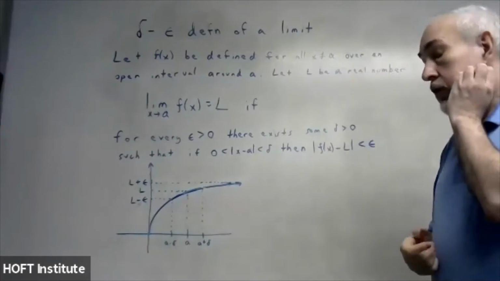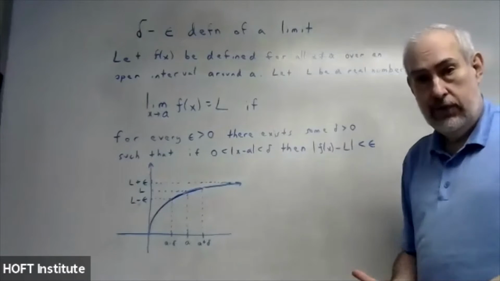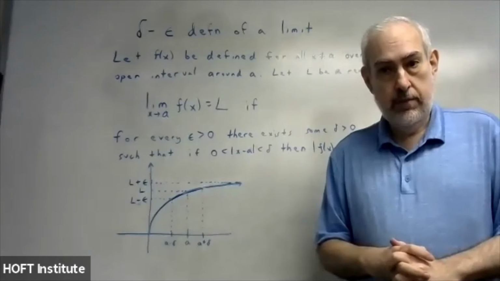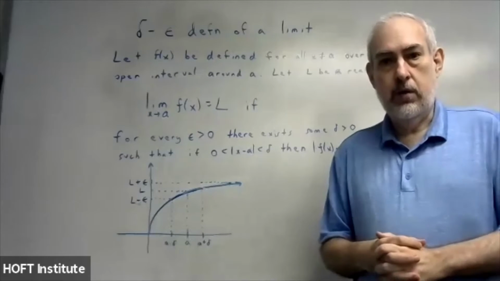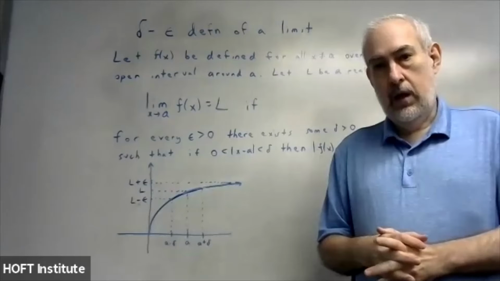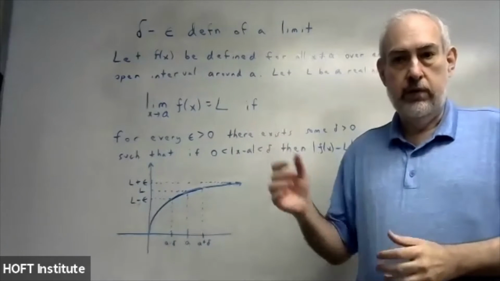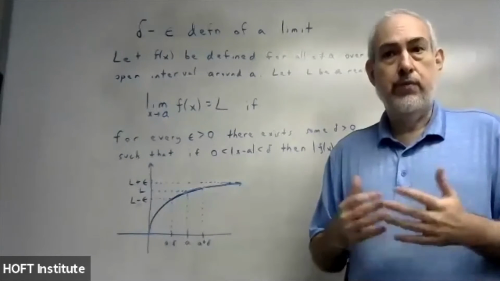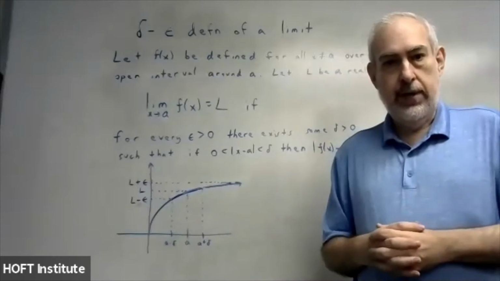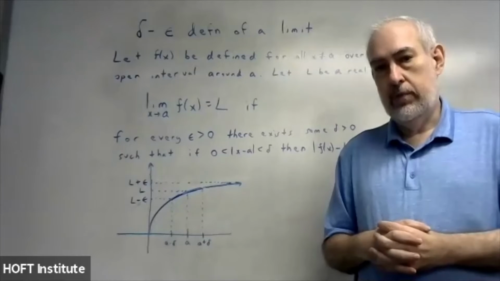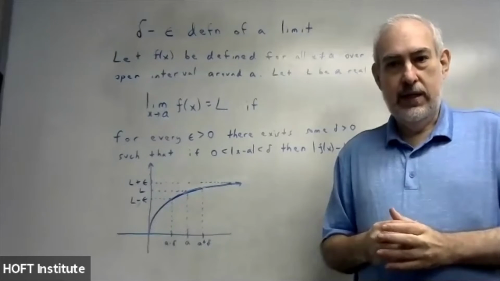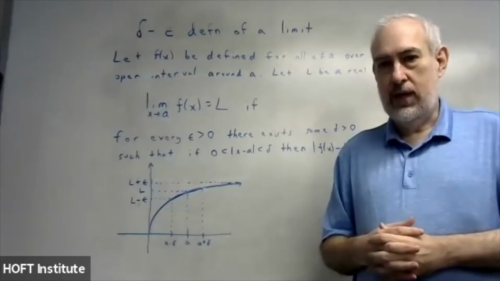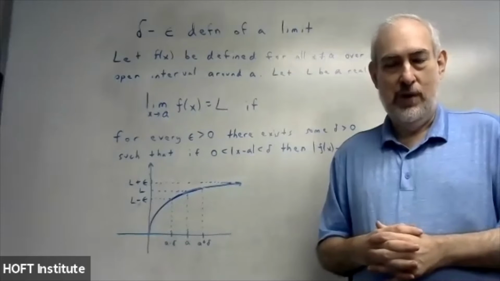Trying to use this definition to prove a limit is a little bit challenging, depending upon the limit that you're trying to prove. The simplest limit would be, say, the limit as x approaches 2 of 3x plus 7. That one would be pretty simple to prove, but even that, sometimes students who are unfamiliar with proofs are going to have trouble constructing the proof.